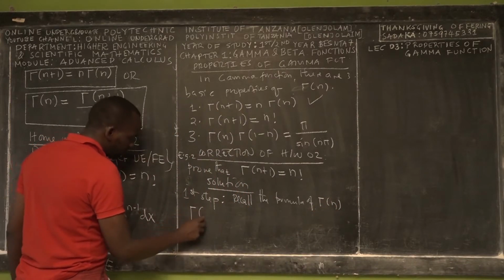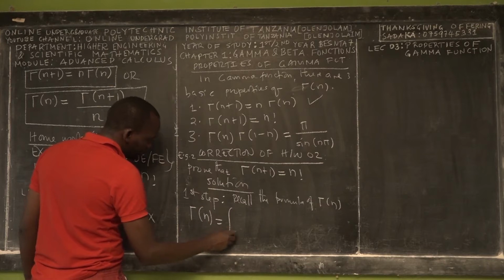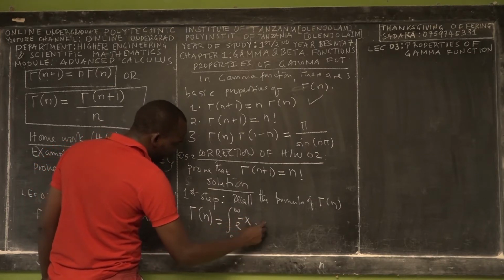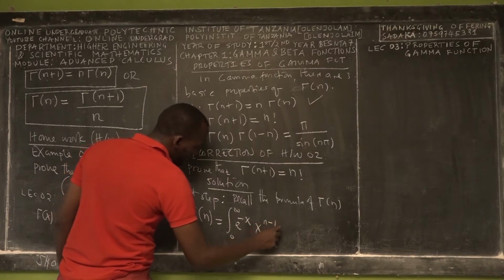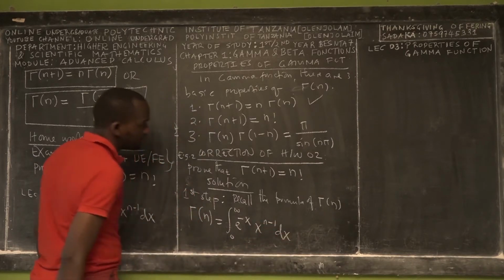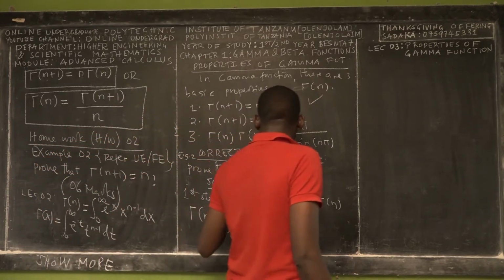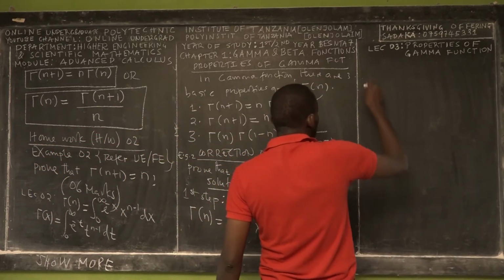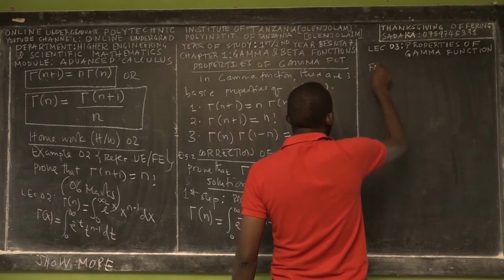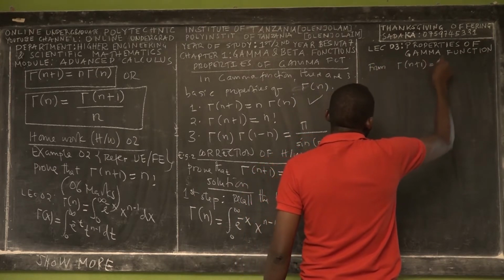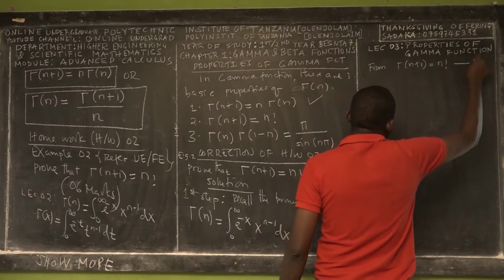It states that gamma of n is equal to the integral from 0 to infinity of e to the power negative x, x to the power n minus 1 dx. So gamma of n plus 1 is equal to n factorial, which is equation 1.